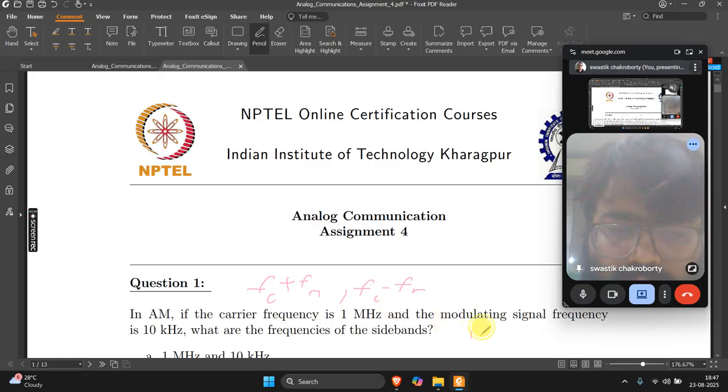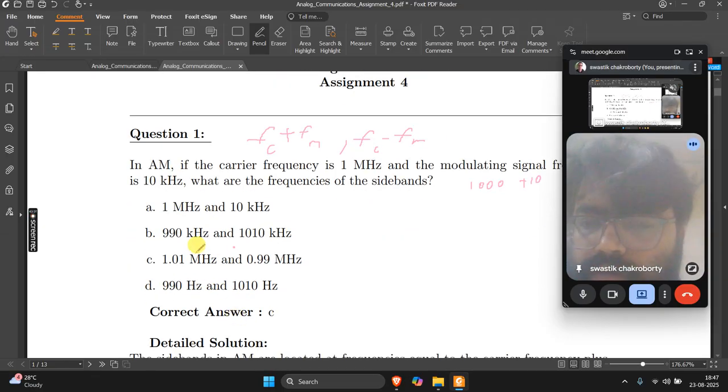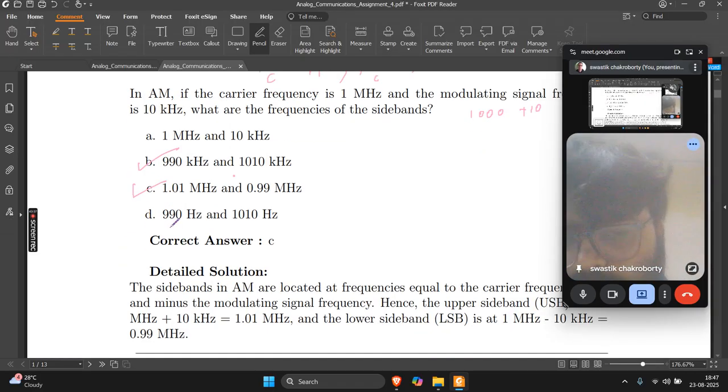So one will be 1000 plus 10, 1010 kilohertz, and another will be 1000 minus 10, or 990 kilohertz. Or you can say 1.010 megahertz and 0.99 megahertz. So both option C and option B are correct actually. They're just different ways of writing the same thing.